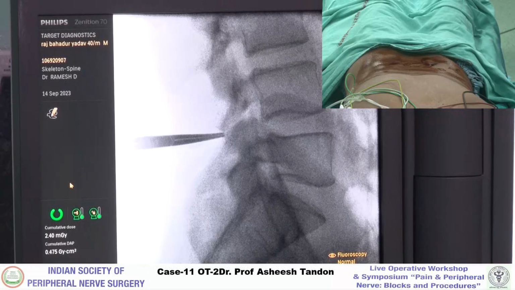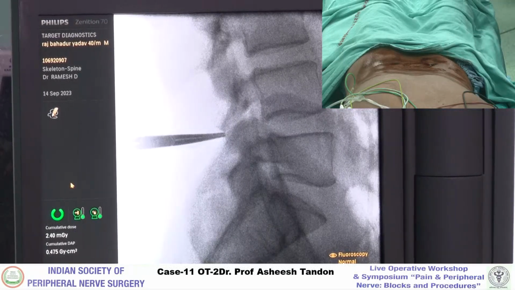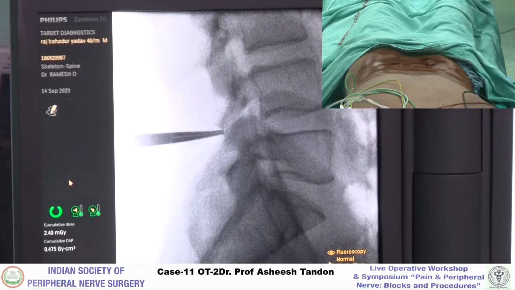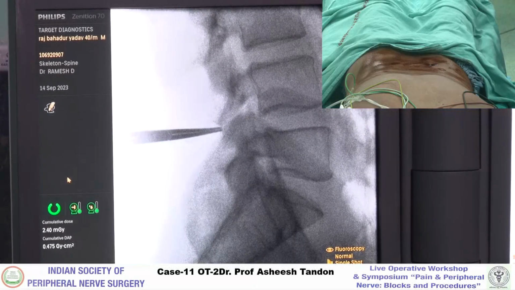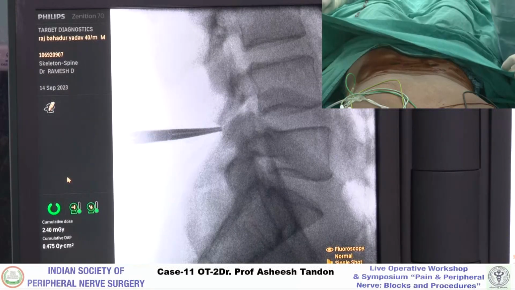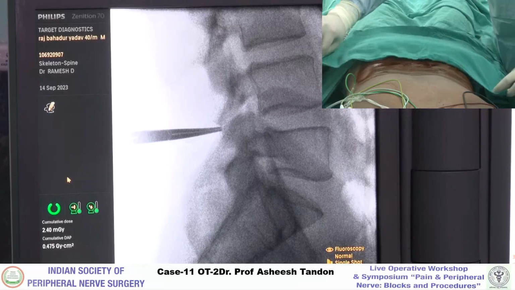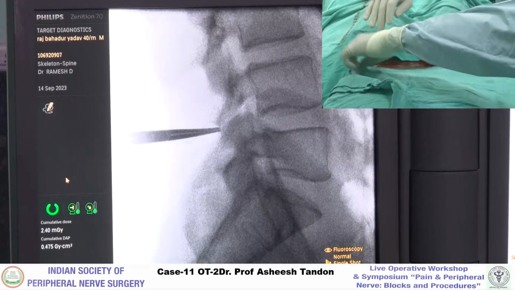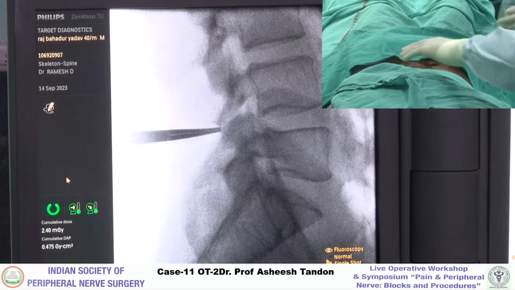A high dose of systemic steroid, can it achieve the same result as this, sir? Yeah, Deepak, any question? One question from the audience. Sir, can a high dose of systemic steroid achieve the same effect as this local steroid?